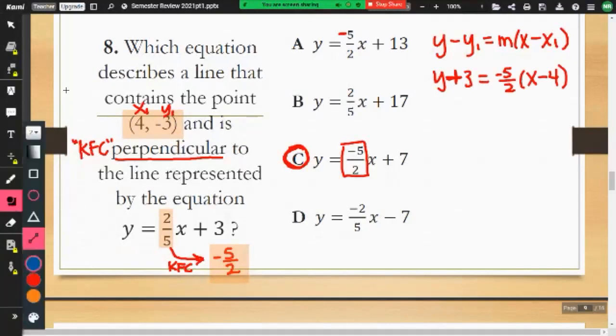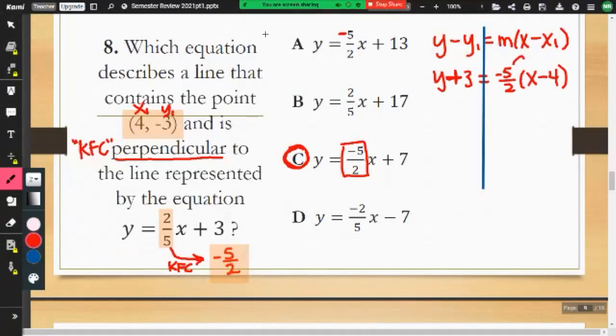Solving something in point slope form, what's the first thing that we do? Multiply. So -5/2 times x just gives me -5/2x. And then -5/2 times -4 gives me a positive what? +10. From there, you solve for y, so you have to move this 3. Do you put it under 5/2 or 10?